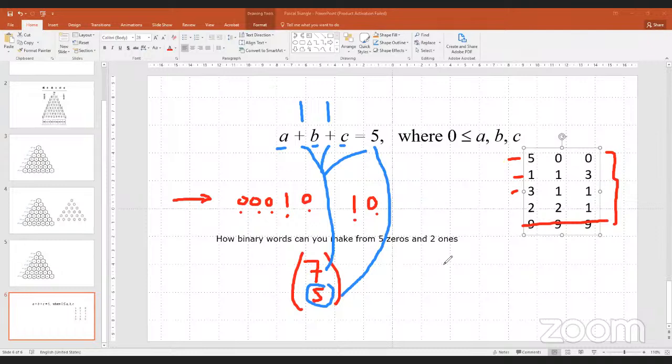So this is 5 plus the number of variables minus 1, which is 5 plus 3 minus 1, over the factorials of those constants.